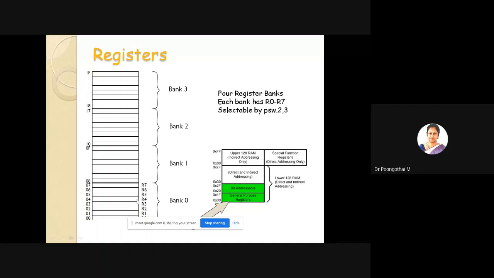The general purpose register addressing range is 00 to 1F. Each register bank consists of 8 registers of 8-bit size. So 4 register banks, each bank contains 8 registers, 4 into 8, totally 32 bytes.